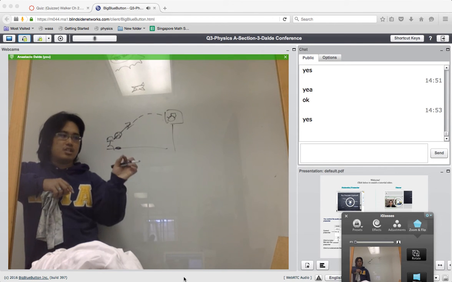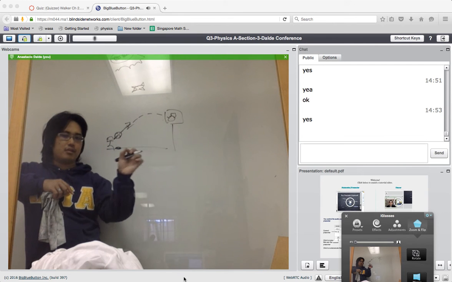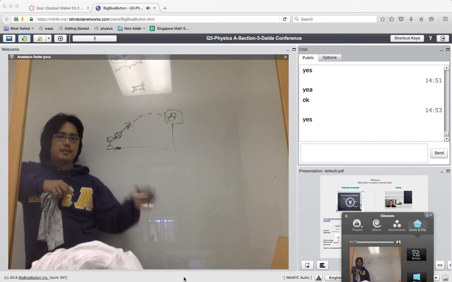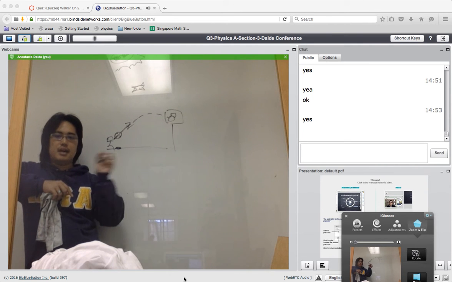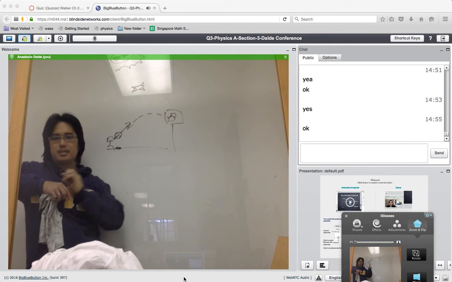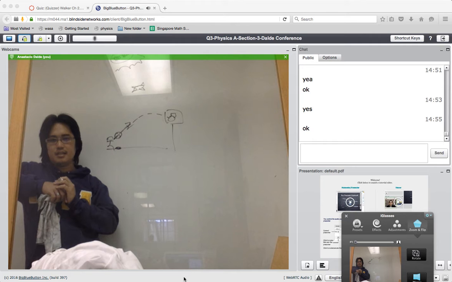So you're watching the shadow as it goes across the floor. Are we cool? That is not two-dimensional motion. That's one-dimensional motion. You see that?